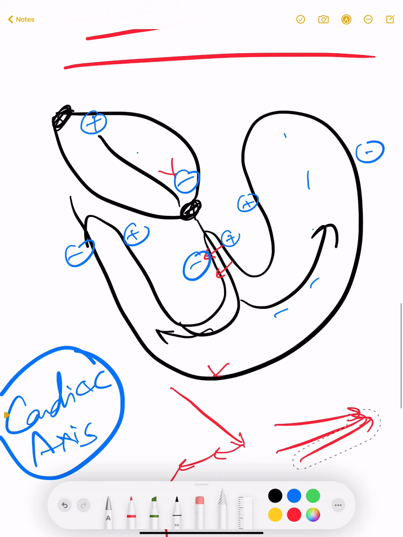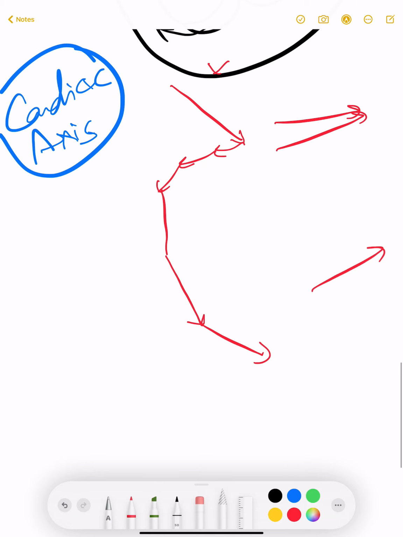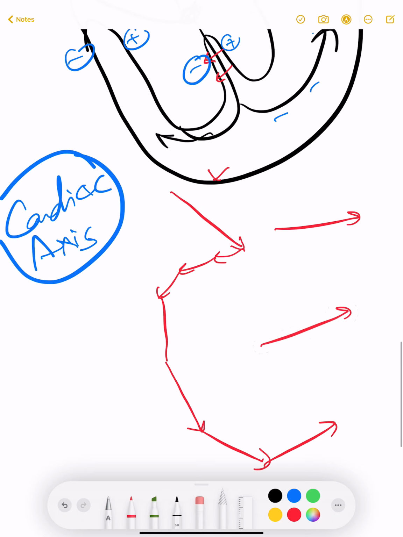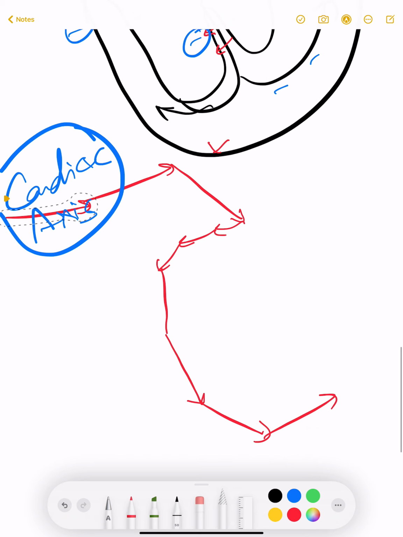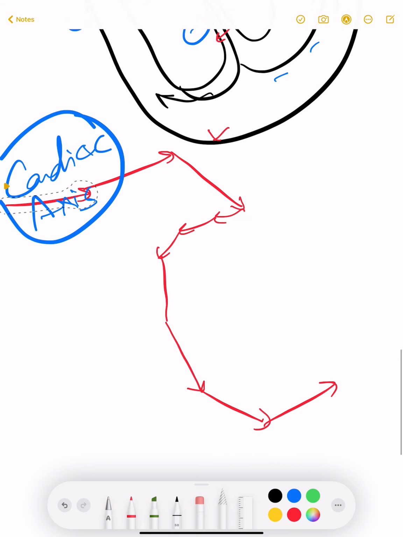I can't do it here, so I can add this here as well, because it doesn't make any difference. Sorry, not here, here and here. So this was the cumulative effect.